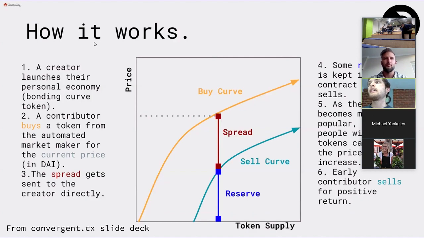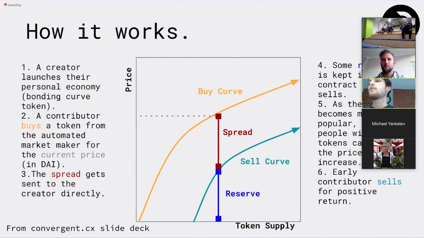So essentially, if you, say, bought a movie ticket or bought a CD of a popular artist, you would be buying into their own sort of microeconomy of their success. So the more people that are interested in that artist, buying into this artist's work, the more the price rises. You can see here they have a spread. That means a different buying and different selling curve, where there's some sort of taxation.